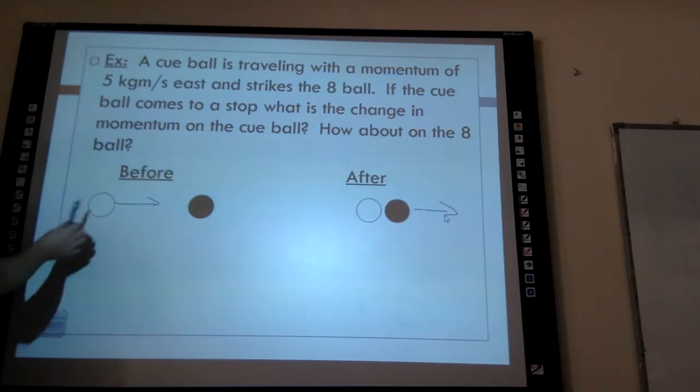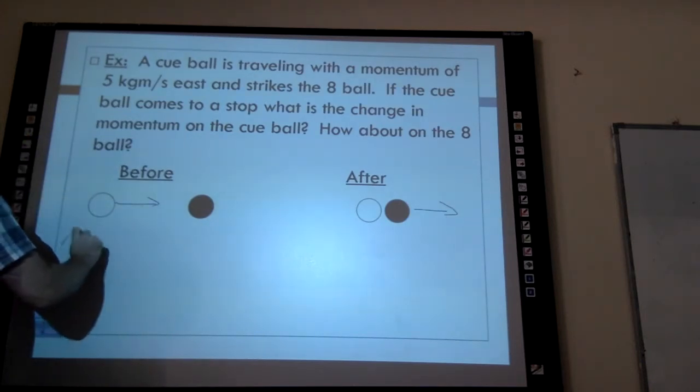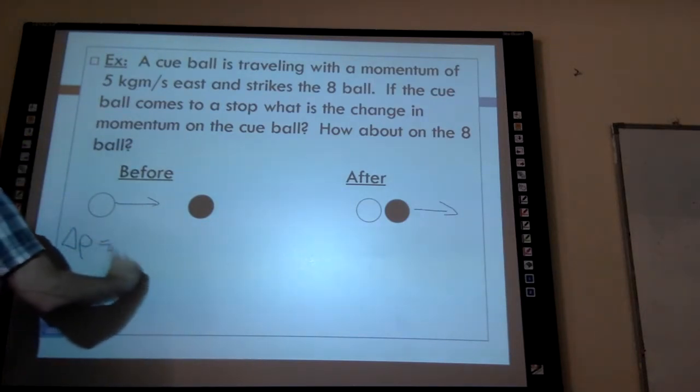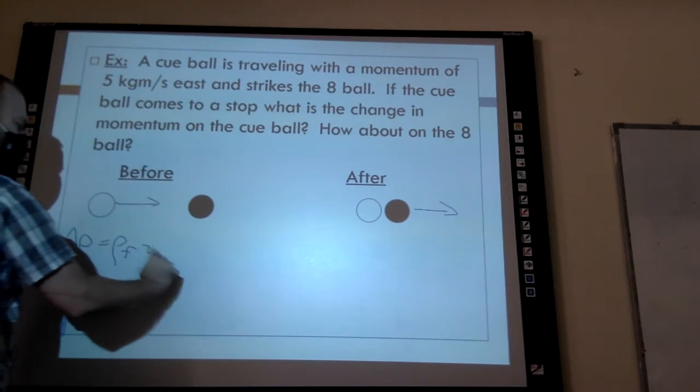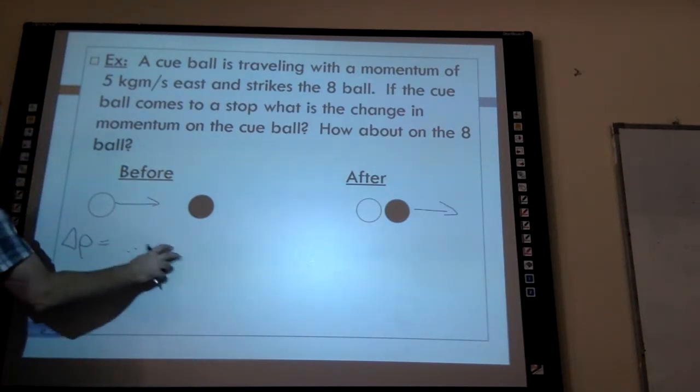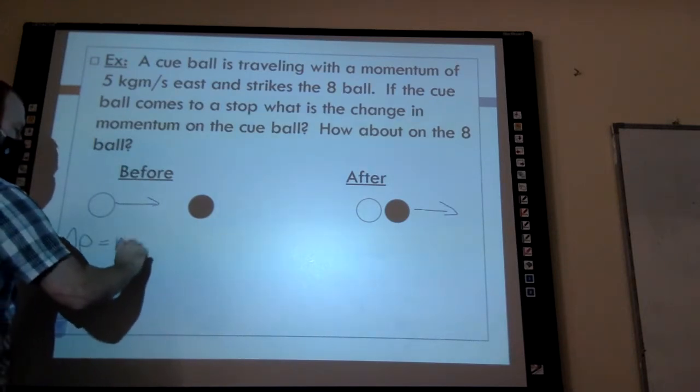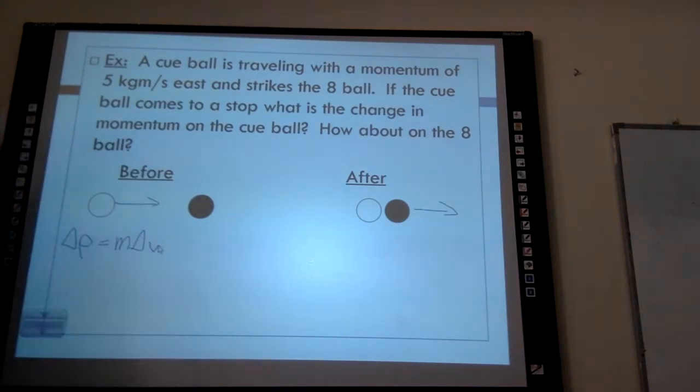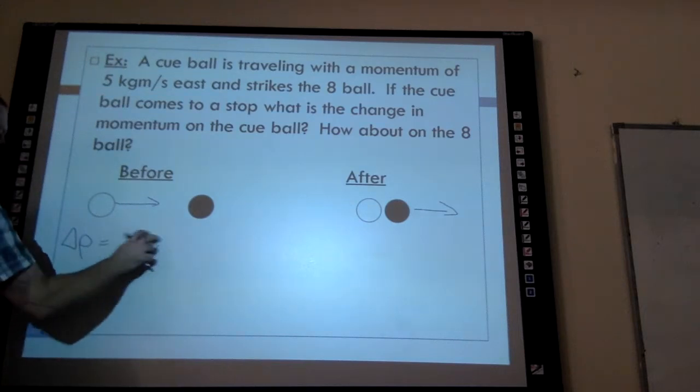What we can first do is figure out the momentum on the cue ball. What is it asking for? What's the change in momentum? Let's look at impulse. Actually, you have the equations for this. Let's just do it the other way. m delta v. Do we have the mass? Nope. So this is what I had to do, change in momentum.